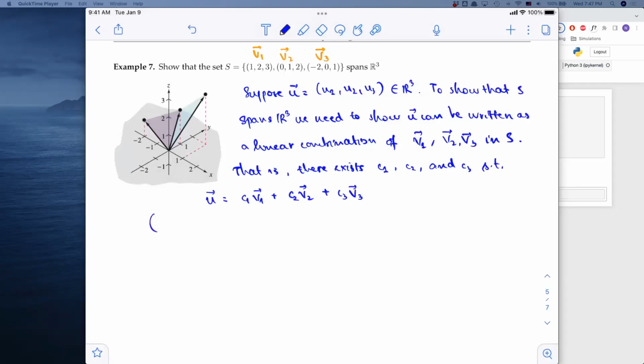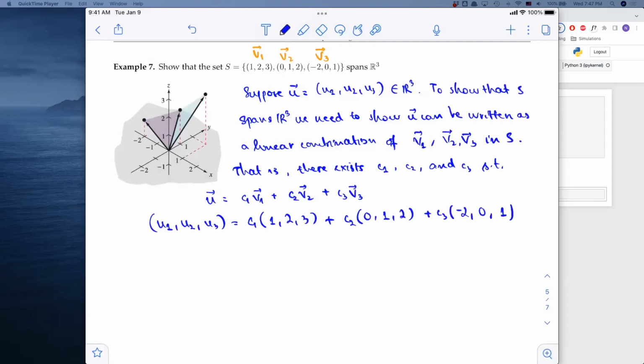And we know the form of U. In this case, it is going to be U1, U2, U3. V1 is going to be 1, 2, 3 plus C2 times 0, 1, 2 plus C3 times V3, which is going to be negative 2, 0, positive 1.